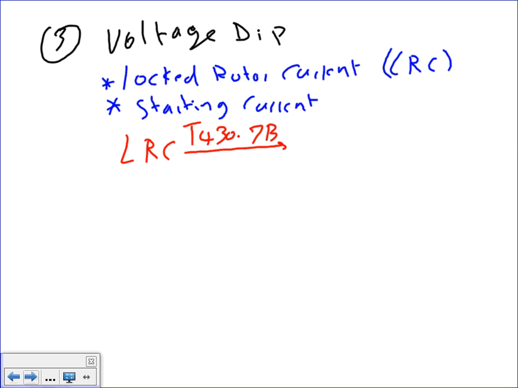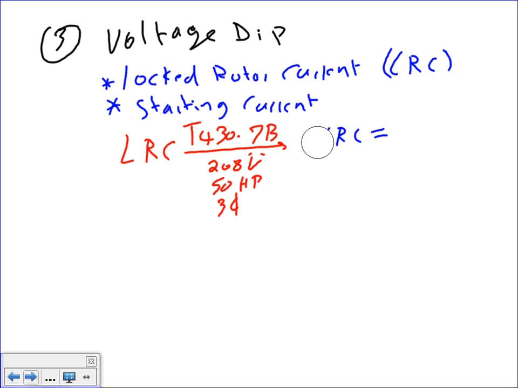Keep in mind that the motor you're dealing with is 208 volt, 50 horsepower, and it's 3-phase. Table 430.7(B) tells you how to calculate the locked rotor current. What's the multiplier?